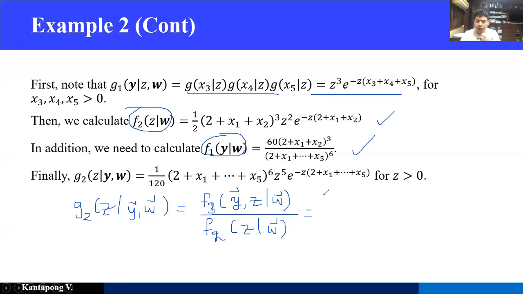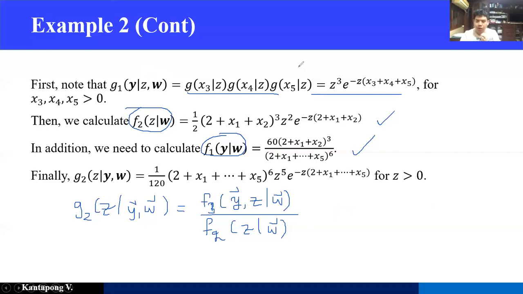We can find F1 of Y given W, and we can find, let's say, H of C given what? F of, oh, we have this one already, right? Okay, I see. So we can use these 3 expressions, okay?